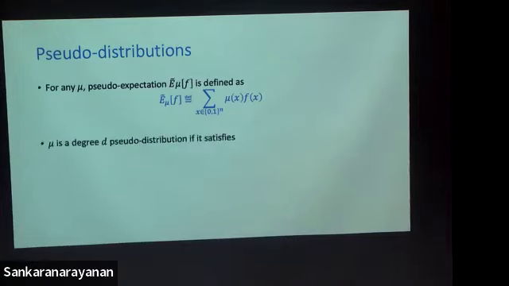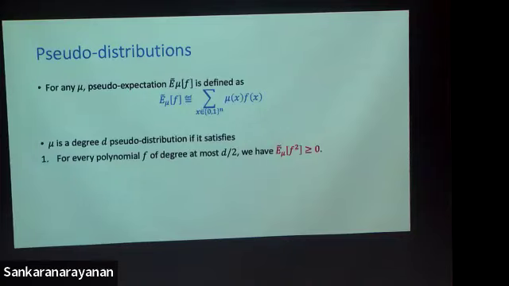And this mu, we'll call it a pseudo distribution, or a degree d pseudo distribution more formally, if it satisfies these two properties: for every polynomial of degree at most d over 2, the pseudo expectation of x squared should be non-negative, and the pseudo expectation of 1 should be 1, which is just a normalization constraint, right?